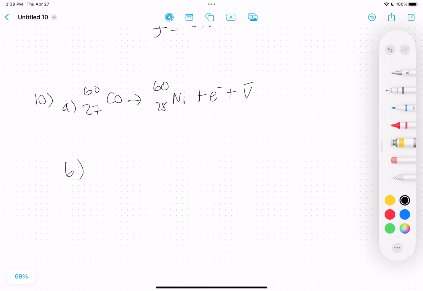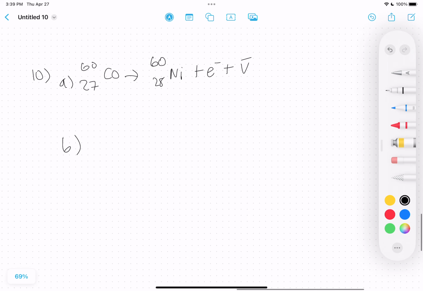It says, in a sample of cobalt-60, what percentage of nuclei has not decayed after 2 years? So this is just trying to figure out how much is left after 2 years, given the half-life information. We can use the half-life equation: N_t is equal to N_0, our original amount of nuclei, times e to the negative time elapsed divided by the time constant.